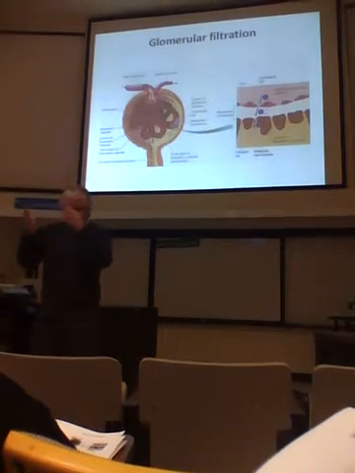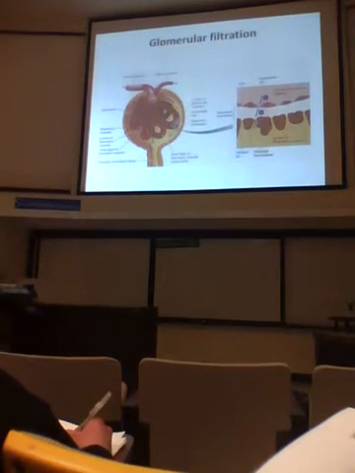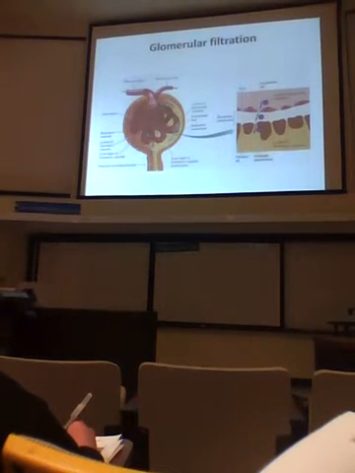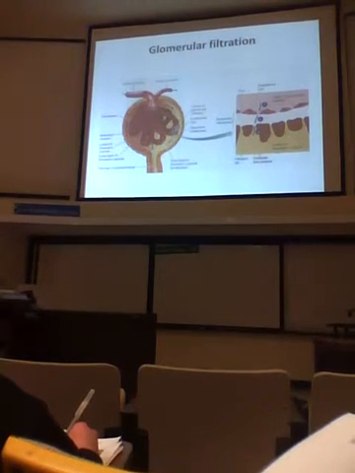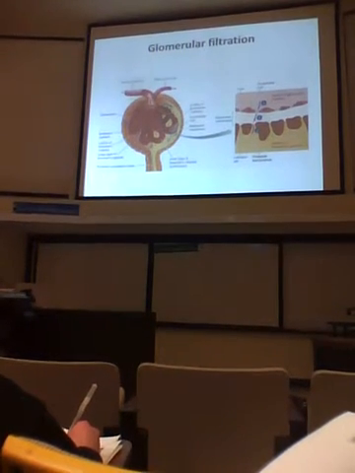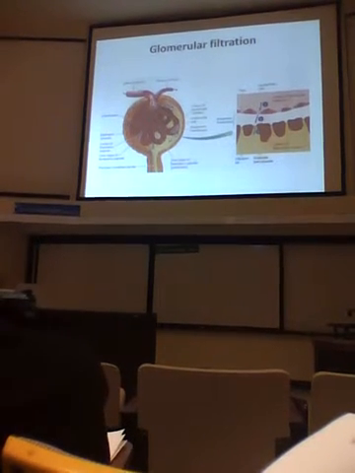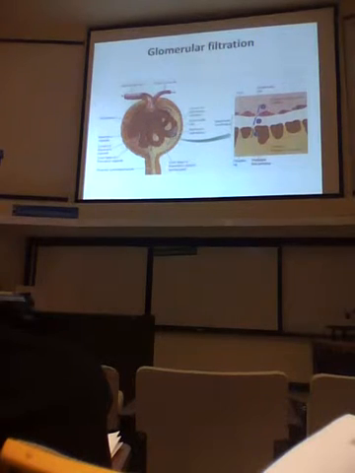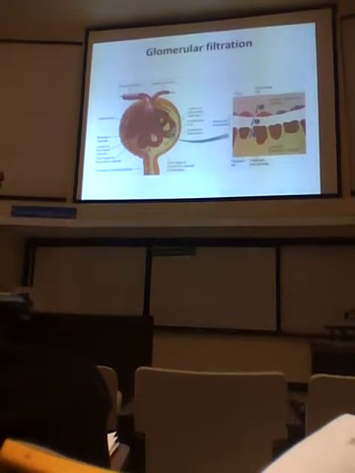We can talk about the abnormalities of the filter, but the filter normally has this 70,000 molecular weight cutoff for ions and small molecules to go across via this route. Is that okay? This is not a bad picture to illustrate what is going on here. Is that clear? Any questions?